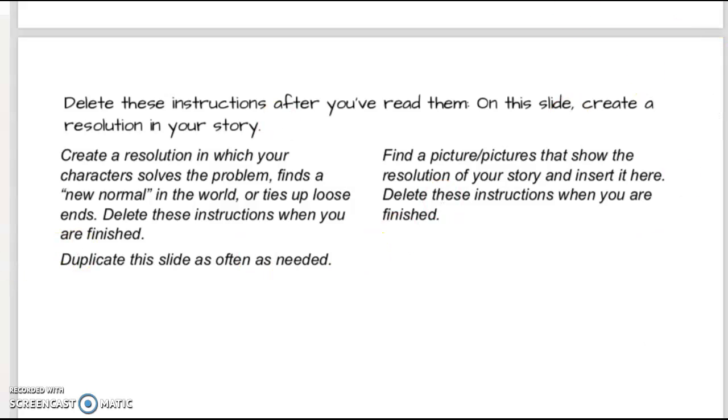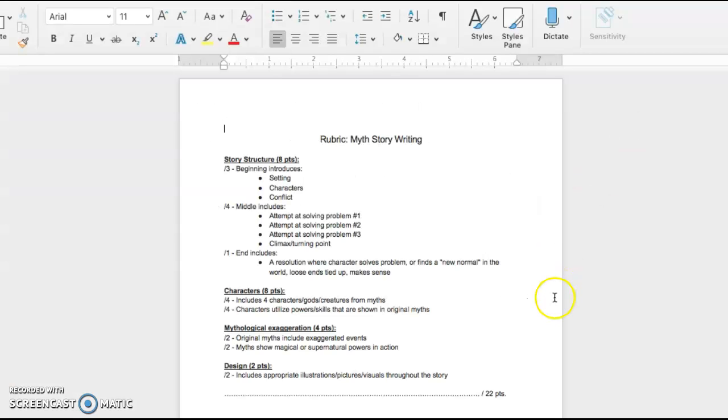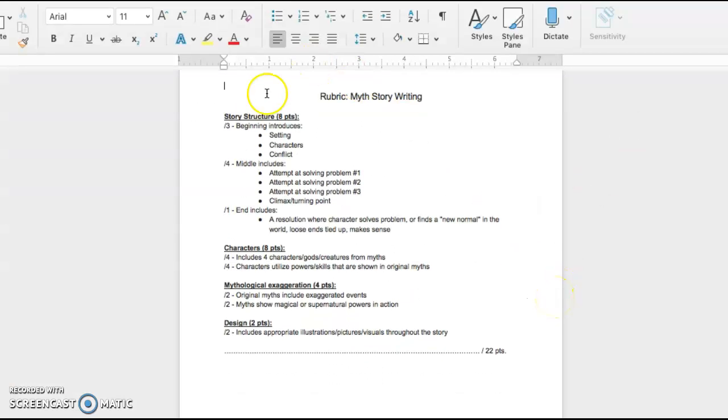Now what I'm going to do is go over the rubric for this assignment with you. Now, this rubric has been created to match the format of this Google slideshow. Each slide has point values attached to it, so listen carefully. Okay, for your story structure, your story needs to include a beginning, a middle, and an end.